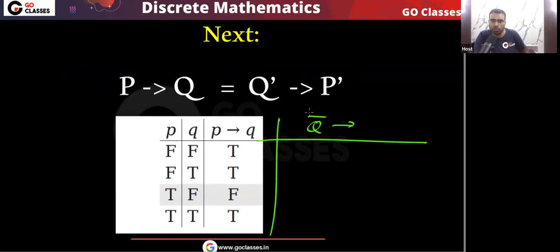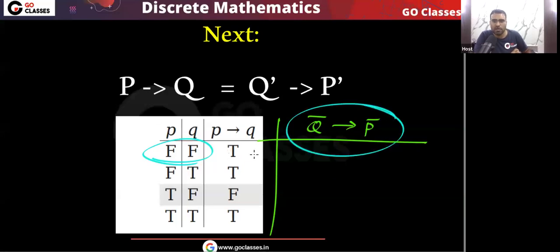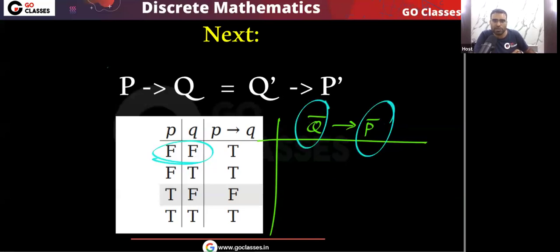Tell me what the truth table will be. For the combination P false, Q false, what is the truth value of this expression? It is true implies true, and you already know true implies true is true.